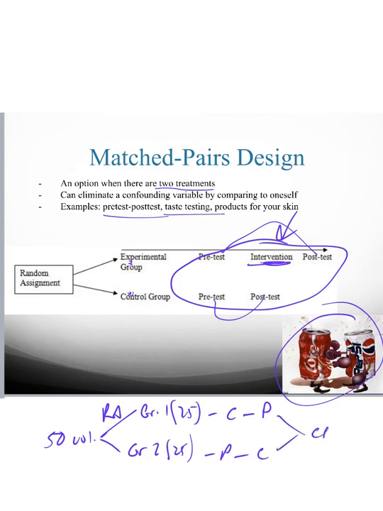At the end, you're going to compare the results by taking the ratings all as one group of 50. What you might do is, for instance, Pepsi minus Coke is all you're interested in. You take all those ratings for all 50 individuals, take their Pepsi rating out of 10, take their Coke rating out of 10, and subtract. You're really just trying to see if that difference is 0, which means they found them to be equally good or bad.